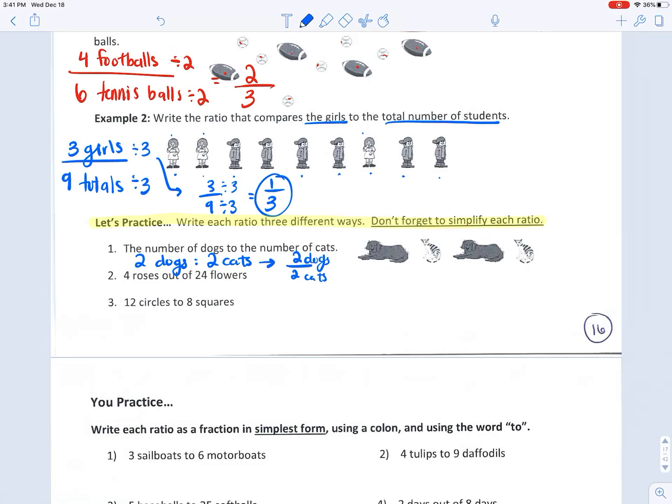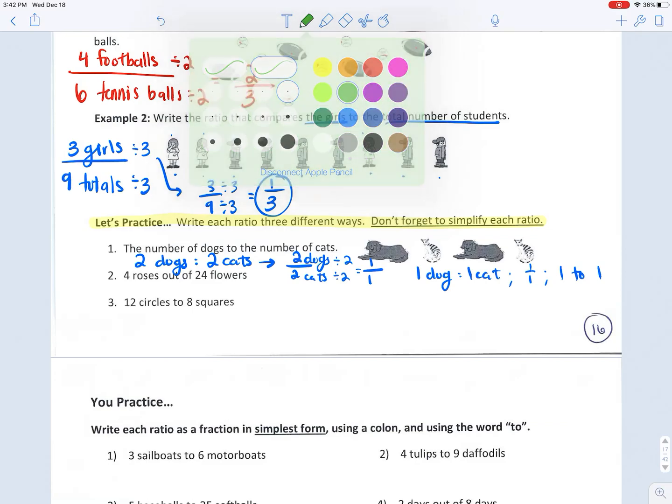So what number goes into 2 and 2? Hopefully you said 2. So I'm going to divide the numerator and the denominator by 2. So now I get 1 to 1. So the 3 ratios I'm going to write: 1 dog to 1 cat. I can also write this as a fraction, 1 over 1. And then I can also write it like this, 1 colon 1.